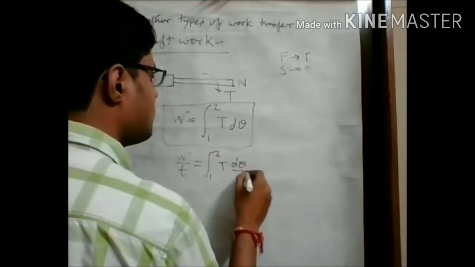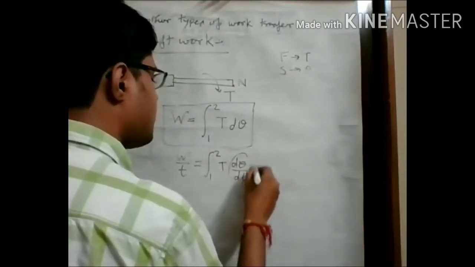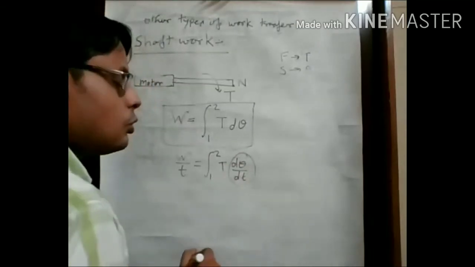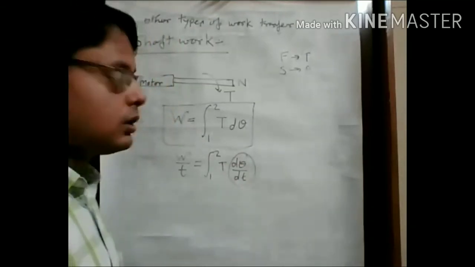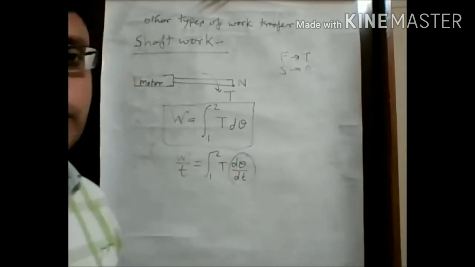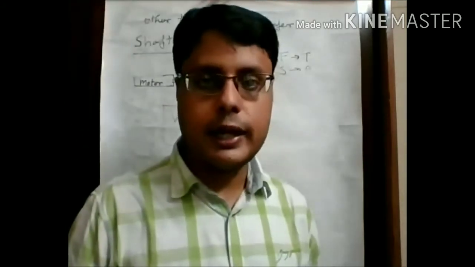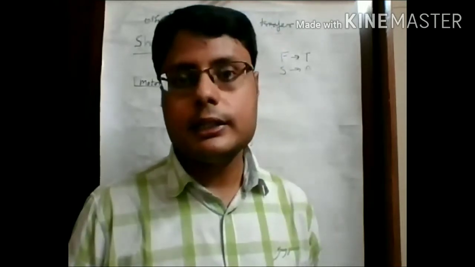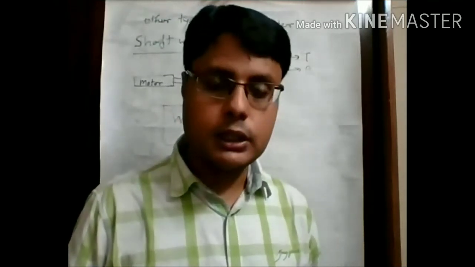And this d theta by dt is known as omega, that is the angular velocity. This is the angular displacement upon time, and angular displacement upon time is equal to angular velocity. Like linear displacement upon time is known as linear velocity.